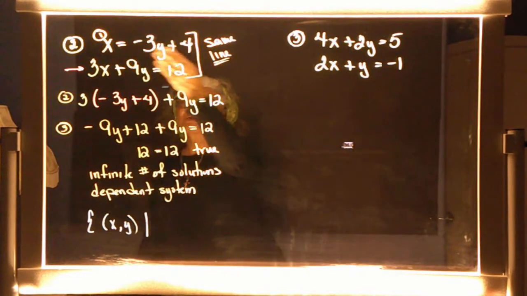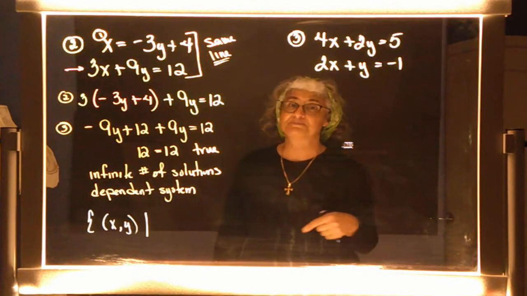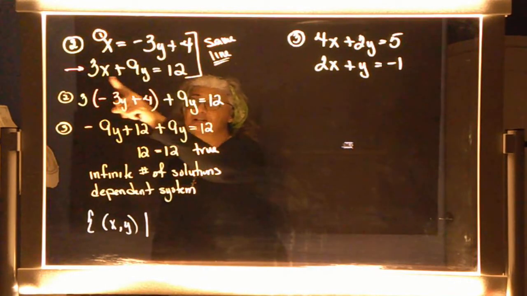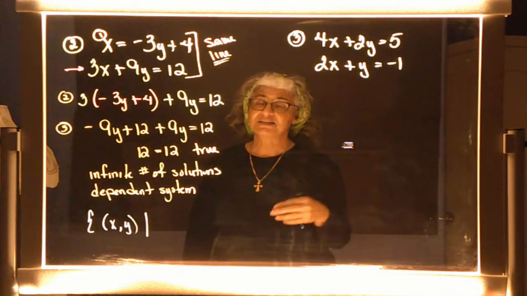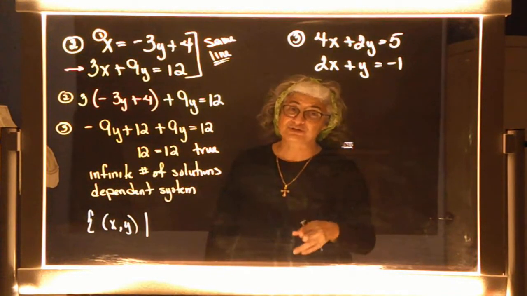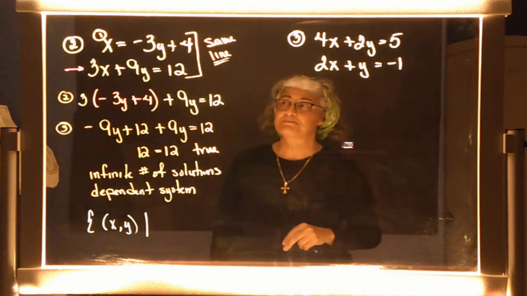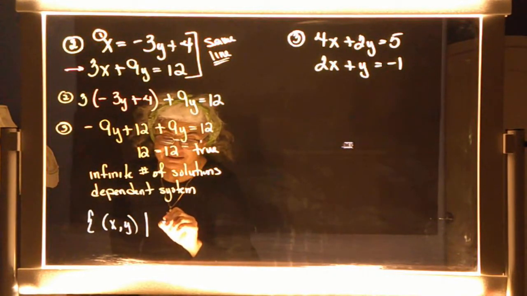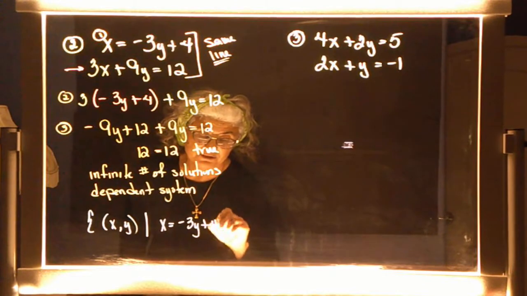Well, the first equation looks like the reduced form, because if I take equation number 2 and divide everything by 3, I could still do that. That's not reduced. So this is the reduced form, isn't it? So the set of x, y, such that x equals negative 3y plus 4.